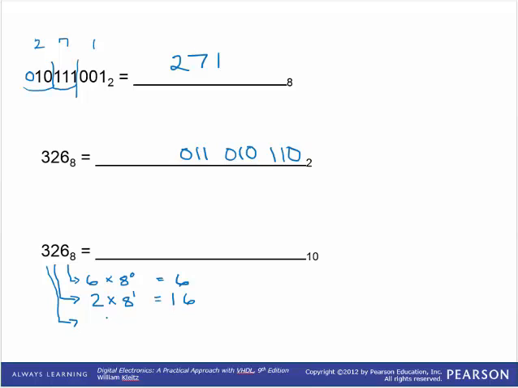And this one is 3 times 8 squared, which is 3 times 64. 6, 12, 18, 192.